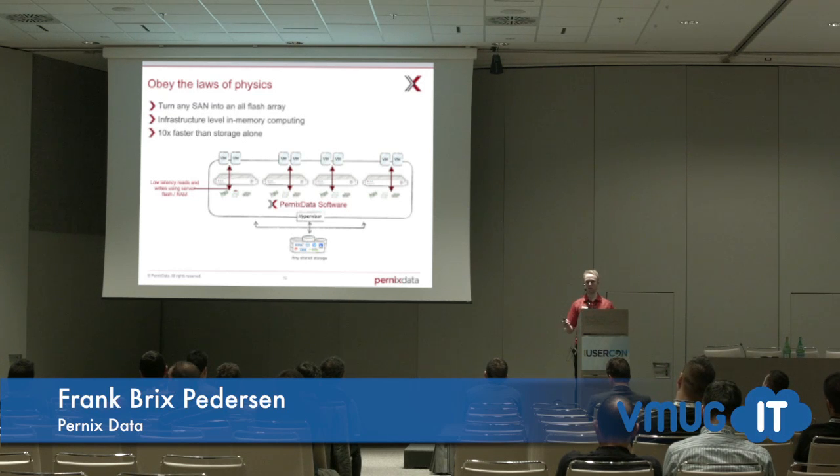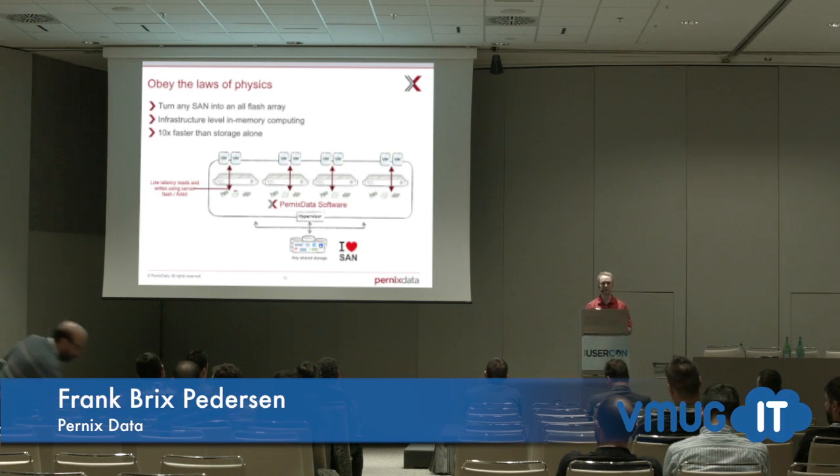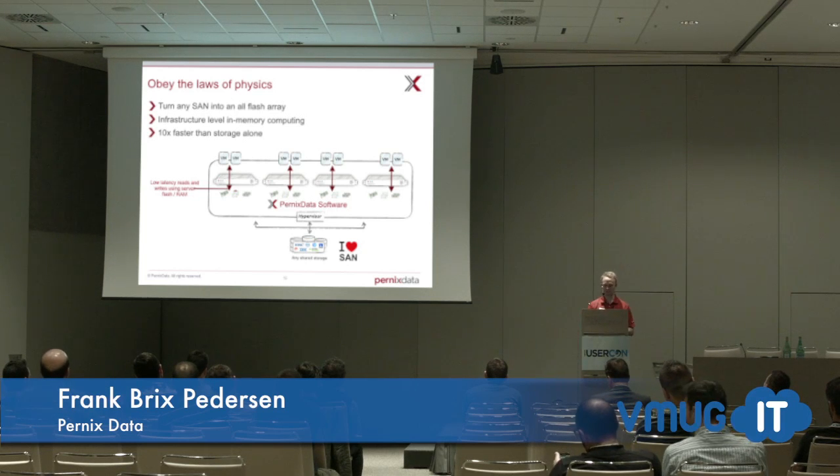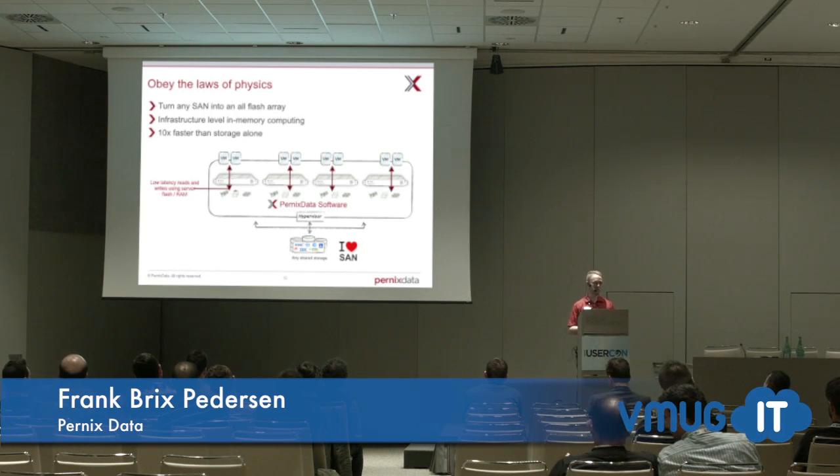So now it doesn't matter how fast your storage is, because your virtual machines will experience the performance of RAM, or SSD, or maybe NVMe PCI Express flash. And that is how we can make you love your SAN again, without making any changes to the SAN at all, or to the VM.